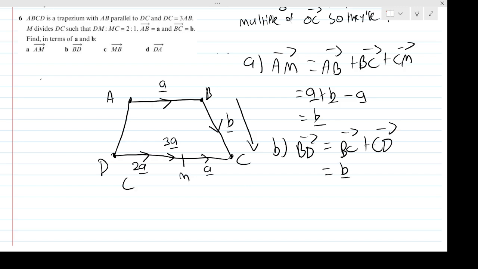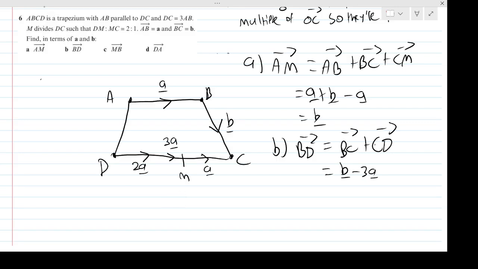Then C to D: I know D to C is 3 lots of a overall, but I want to go the other way, from C to D, so I need to make it negative 3a. And that's my vector.